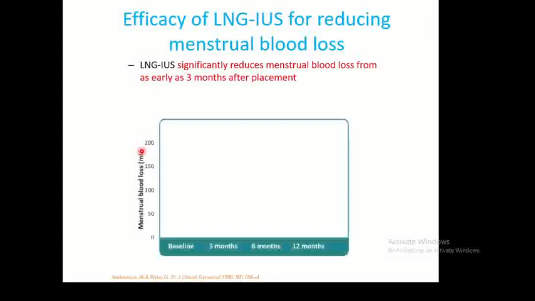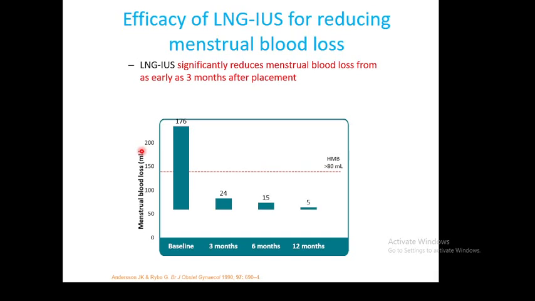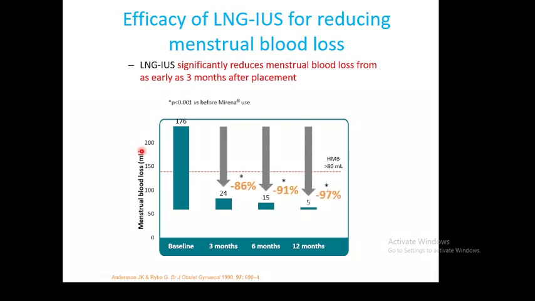That is the beauty. This is evidence: menstrual blood loss at the end of 3 months, 6 months, and 12 months. At the end of 1 year, there is a reduction of 97% of mean menstrual blood loss.